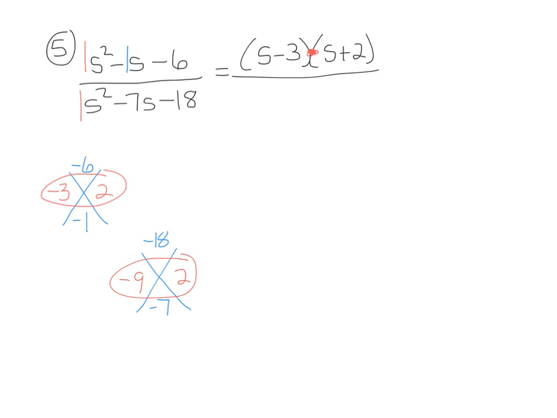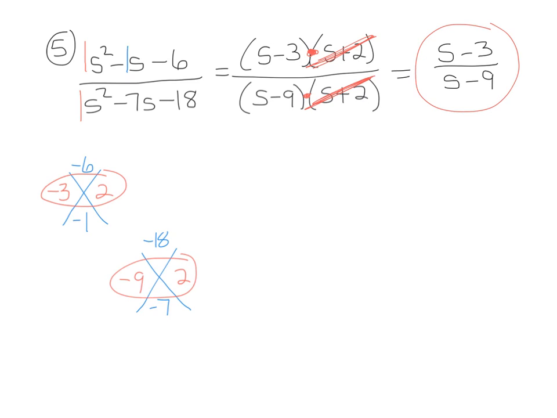So you're going to have s minus 9 times the quantity s plus 2. And that's factored. You have quantities. Oh, look, we have a match. So you can cancel that entire quantity with that entire quantity. And you're left with s minus 3 divided by s minus 9. And that is your final reduced answer.